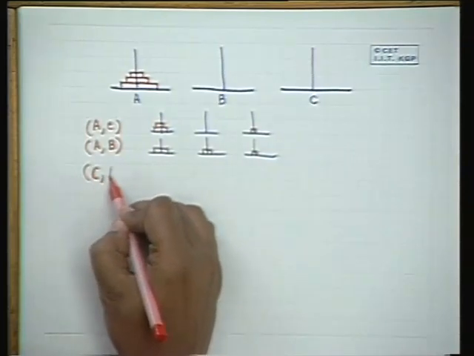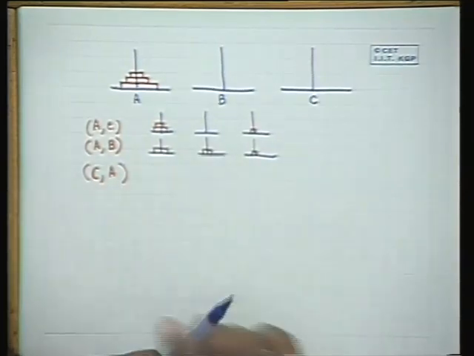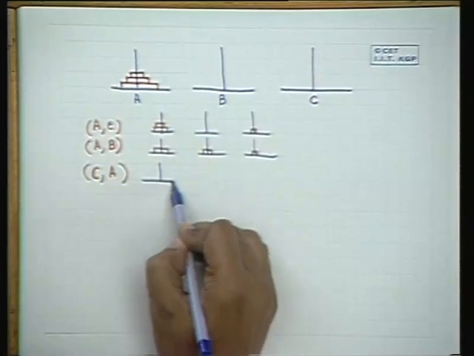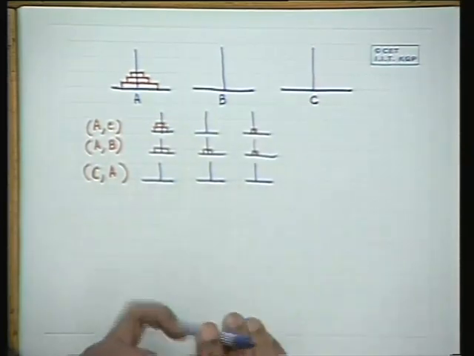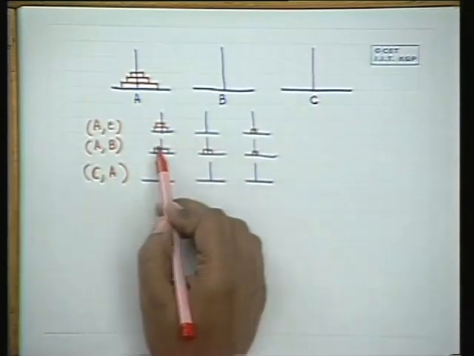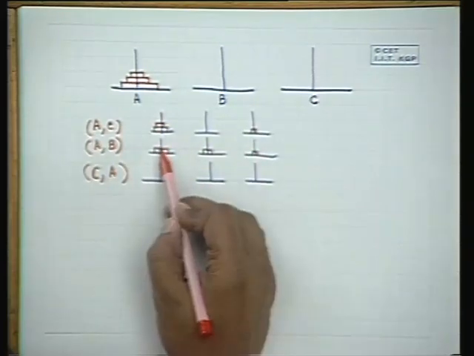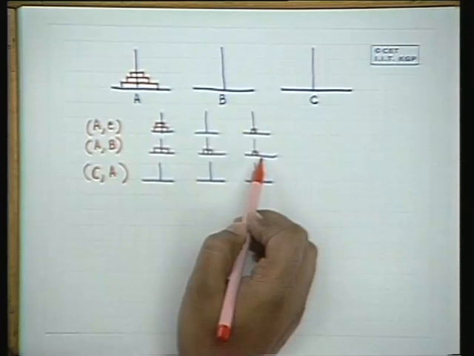C to A, sorry, C to B. You could have also moved C to A, but it would not have led you anywhere, because you would have had to move this.